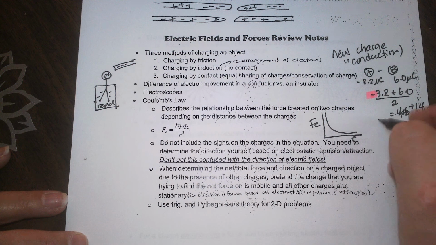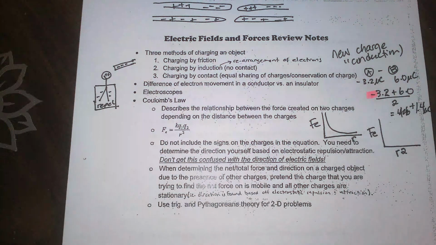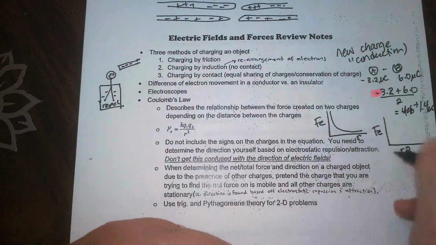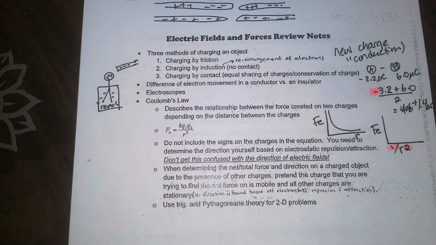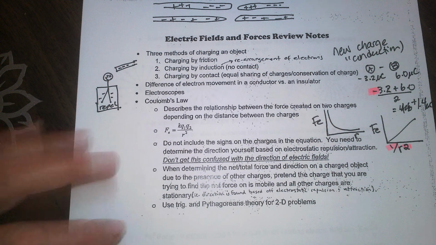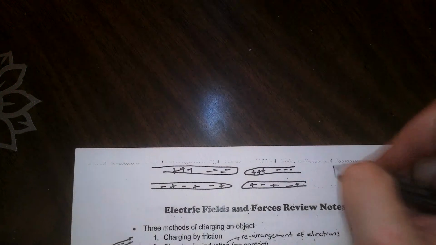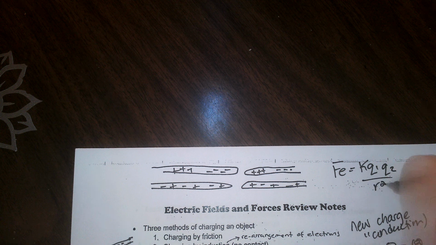If I looked at a graph, paying attention to my labels, that said 1 over R squared, what would my graph look like? Yep. Okay, it would be a straight line, it would be linear. Because that is the actual relationship, right? The formula is Fe is equal to K Q1 Q2 over R squared. So we're looking at the relationship between Fe being proportional to 1 over R squared.